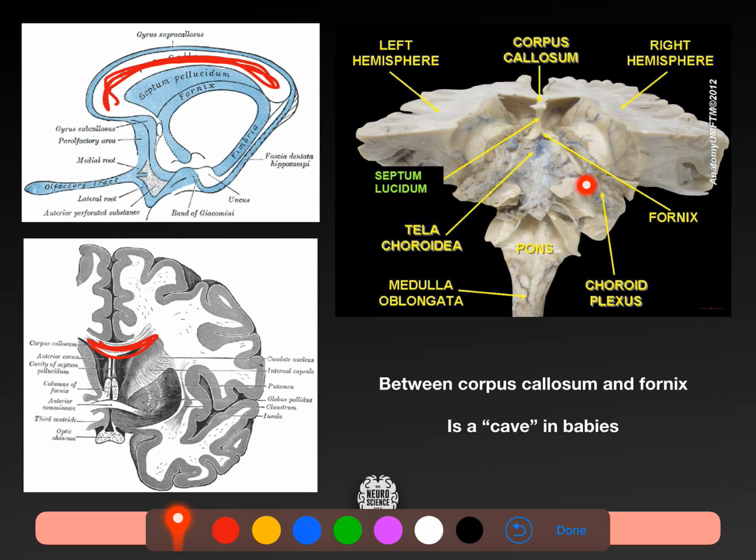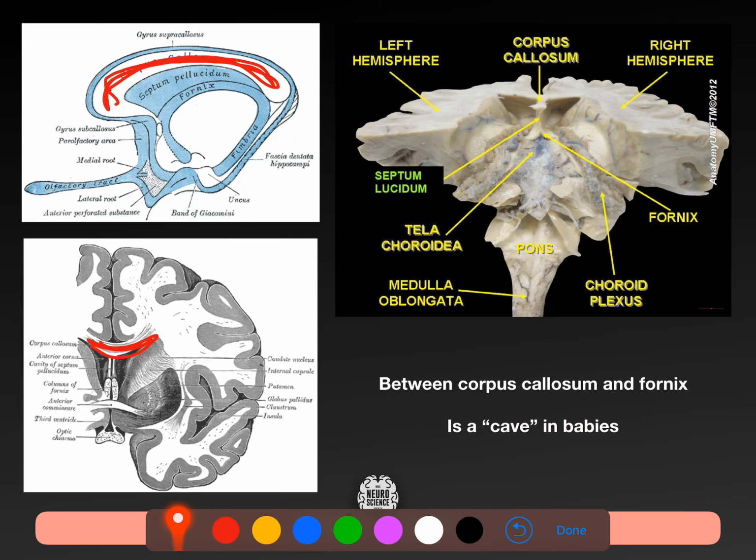Here's the choroid plexus, which is quite interesting. Here's the fornix, and then you've got the fimbriae here, and you'll have the amygdala down here. You've got the hippocampus as well around here, but the septum pellucidum is between the corpus callosum and the fornix. Worth noting is that it's cavitated in babies.